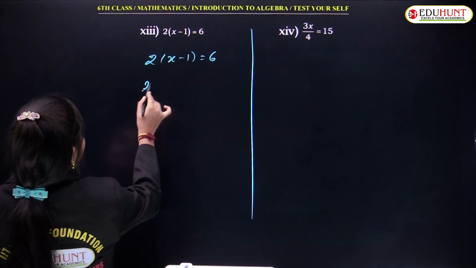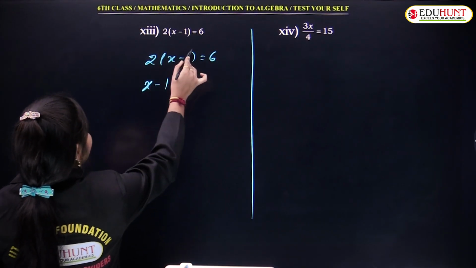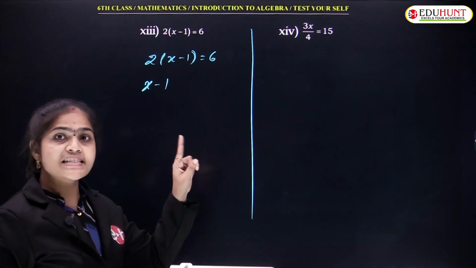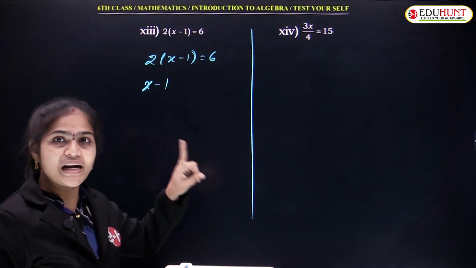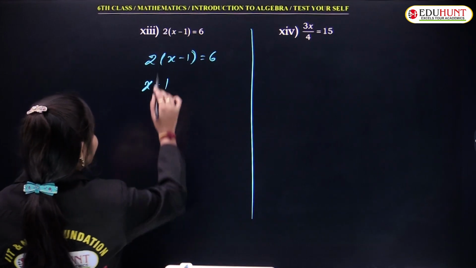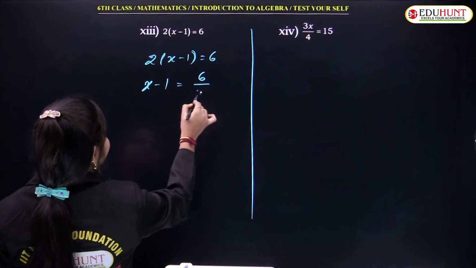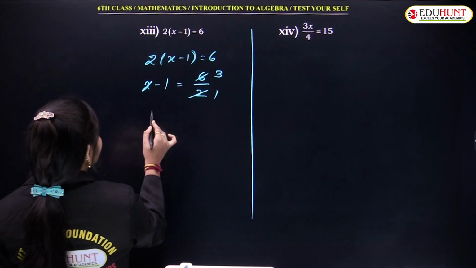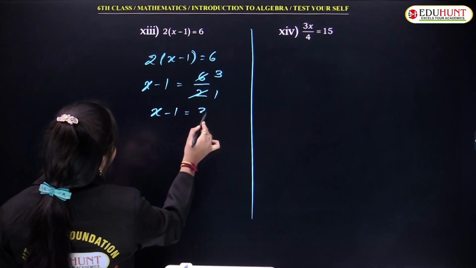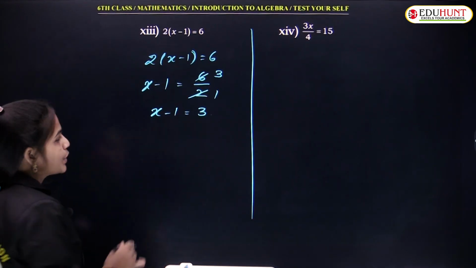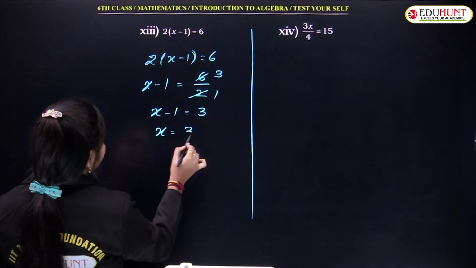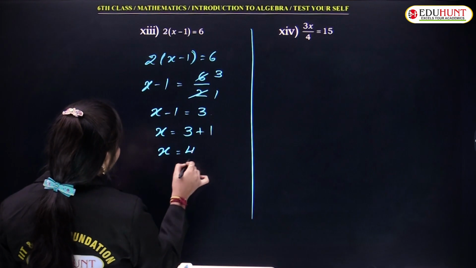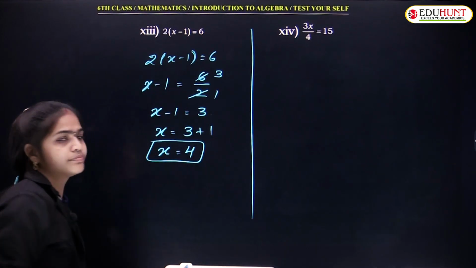See here, x minus 1: the brackets mean multiplication only. 2 and x minus 1, those two terms are in multiplication. That's why the multiplication becomes division. Understood? 2 ones are 2, 2 threes are 6. Now we have x minus 1 is equal to 3. Then x is equal to 3, and minus 1 becomes plus 1. Then x is equal to 3 plus 1, which is 4.